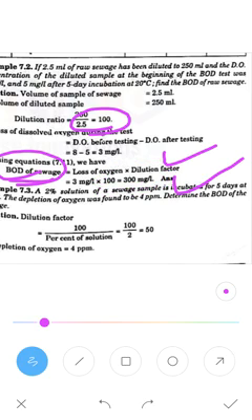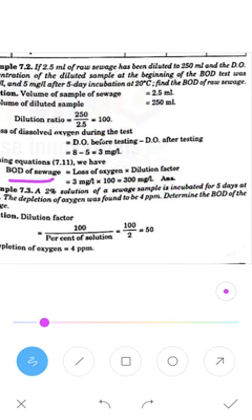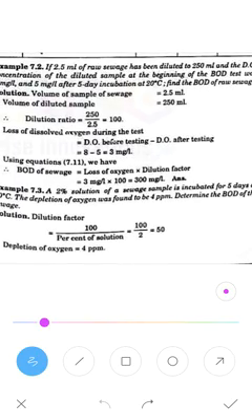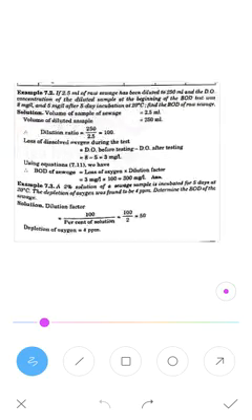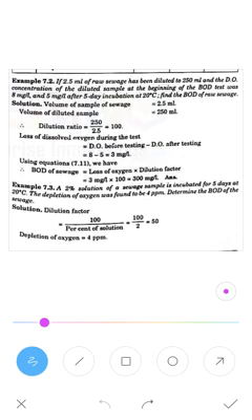I will give another example of how to determine the dilution factor. Consider this another example. See here, the dilution factor is 2%. A 2% solution of the sewage sample is incubated for 5 days at 20 degrees Celsius.